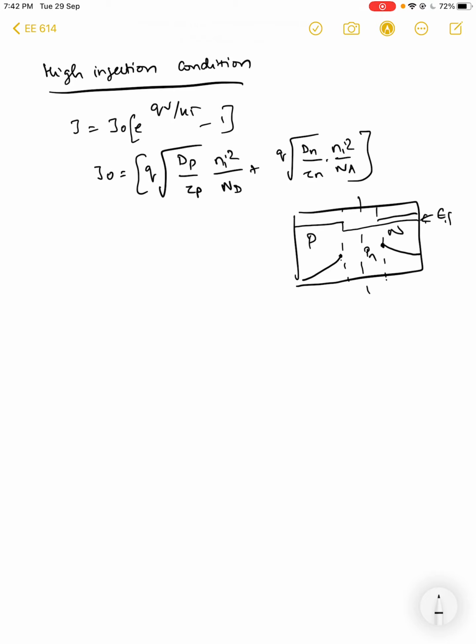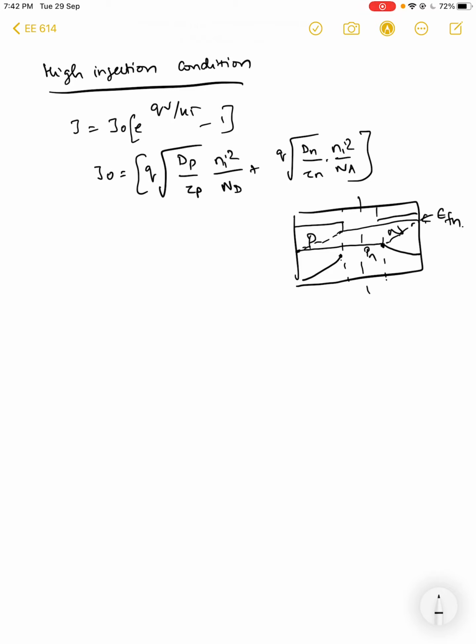This is EFN, and the hole Fermi level being constant almost till the end of depletion width on the n side, right? And here it actually goes up, indicating that the actual hole density reduces. Similarly, here the Fermi level drops down to the intrinsic level, showing that the electron density reduces, right?